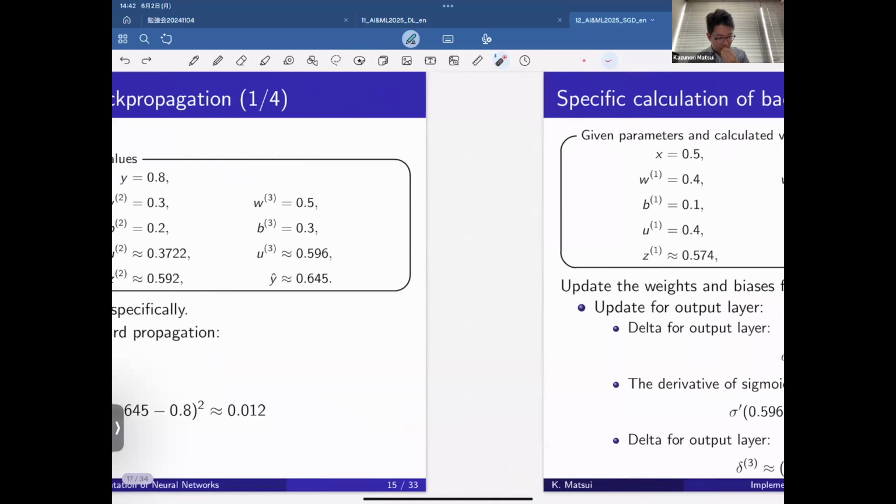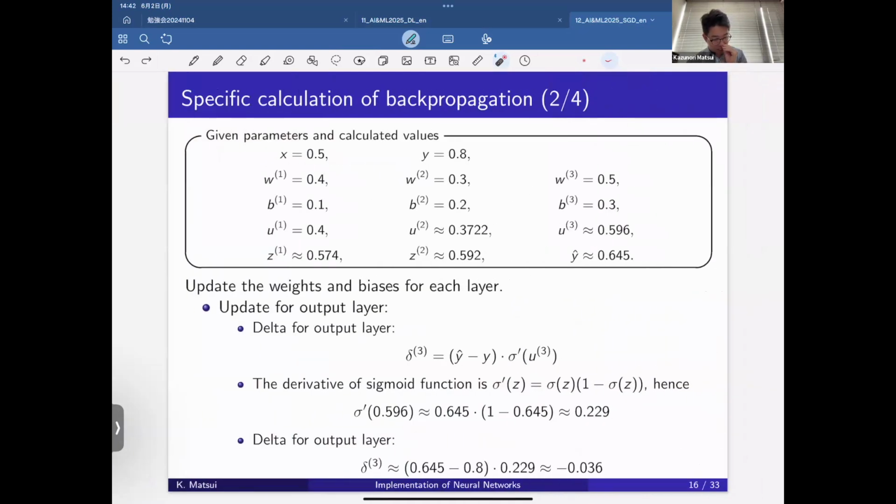Let's calculate delta according to the previous calculation. Update for the output layer. Delta 3 is y hat minus y times sigma prime of u3. Here, sigma prime of z is sigma z times 1 minus sigma z. Sigma prime of u3, so u3 is here.